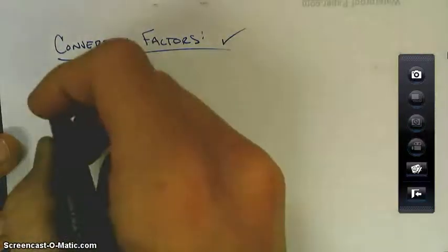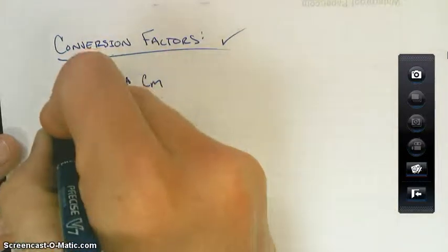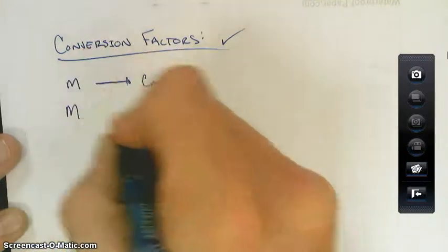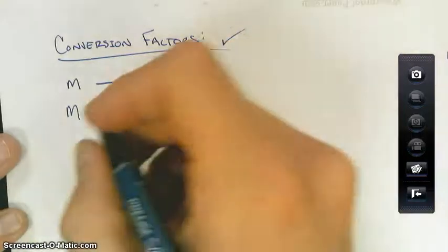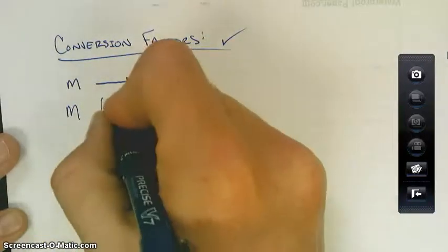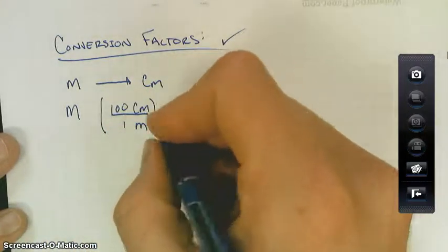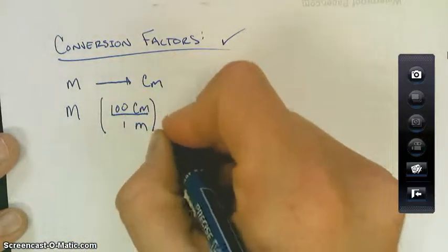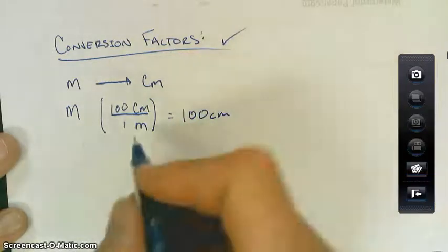So to do that, essentially we go about the factor label method. If I want to go from meters, I'm going to multiply that by my conversion with meters on bottom, centimeters on top, and then we also know that for every meter there's 100 centimeters. So to get to centimeters, I multiply by this factor here.